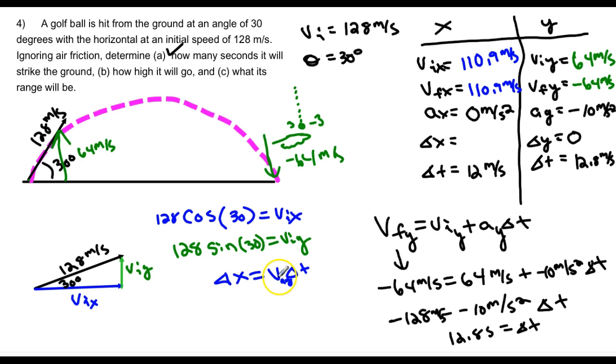If I'm going 20 miles an hour down the road for 3 hours, I've gone 60 miles. Just multiply the two. So this is going to be my 110.9 times my time. What did I find for my time? 12.8. And that will give me my displacement.